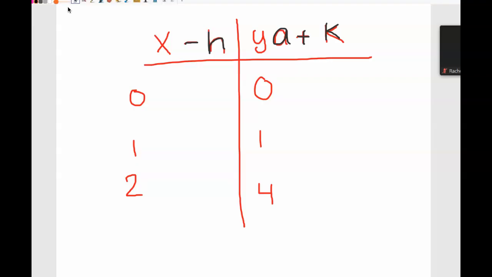Properties of parabolas is for tomorrow. Just the day 3, 1 through 8.